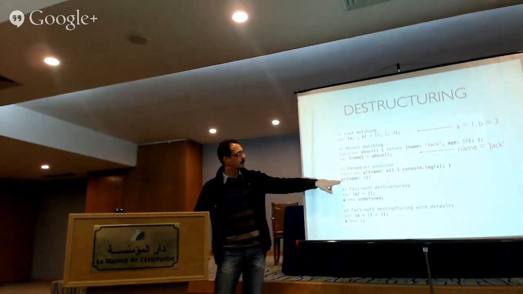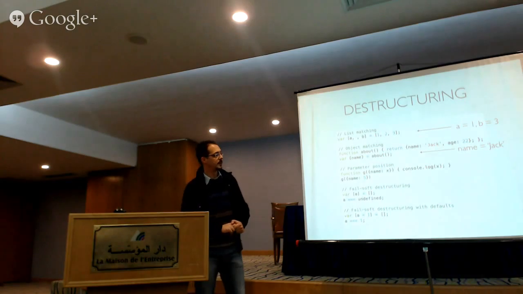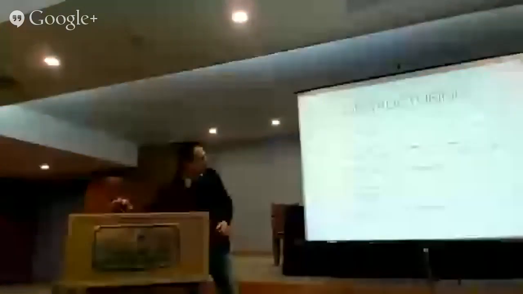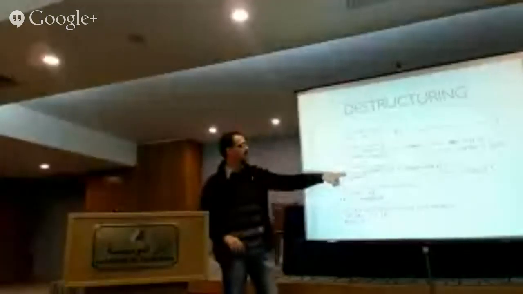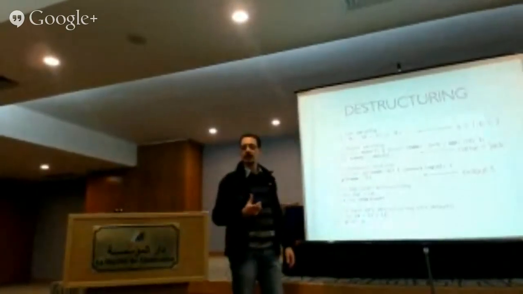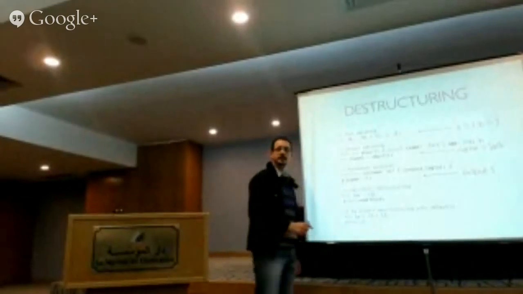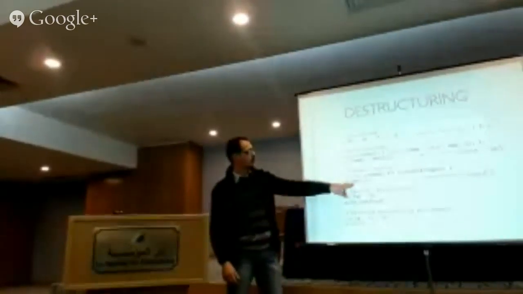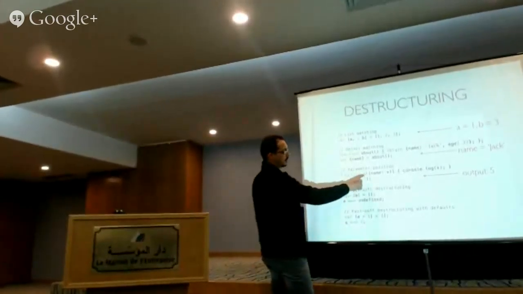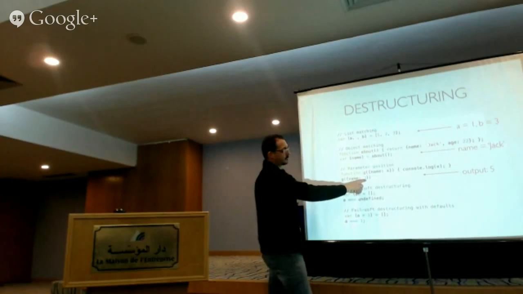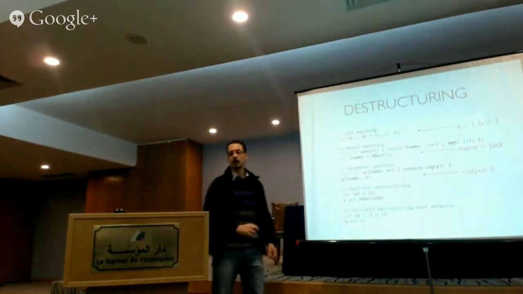And we can also use it for parameter position, which means this syntax says that when you get an object as a parameter, take the name property from that object and assign it to my local parameter x. So when I call the function and I pass an object where the name property is 5, this code would assign to x the value 5, and I can use that x in my function.